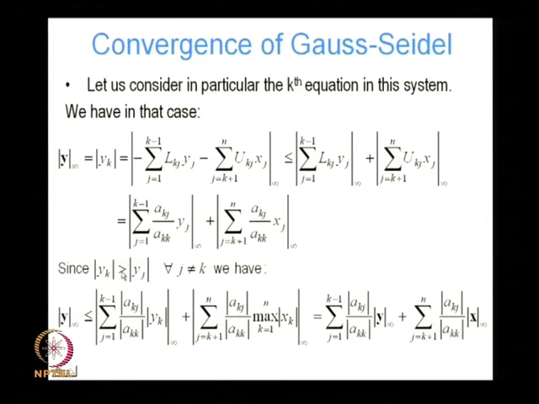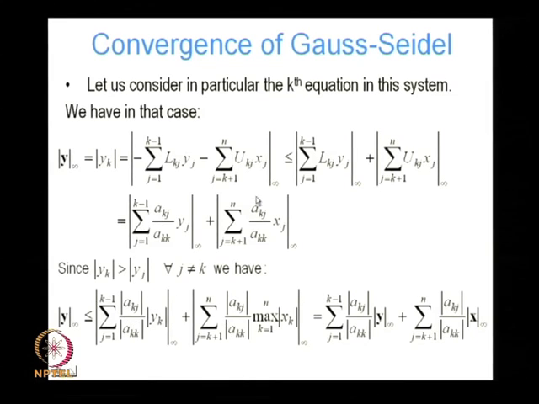Since we know that mod of yk is greater than or equal to yj for all j not equal to k, because we have assumed that yk is the entry in y which has the largest absolute value, we can write mod of y infinity is less than or equal to this term, and now I am going to replace yj by mod of yk. Since this is yj, but this is always less than yk for every j except k, if I replace it by mod of yk, the right hand side is going to be greater than this.